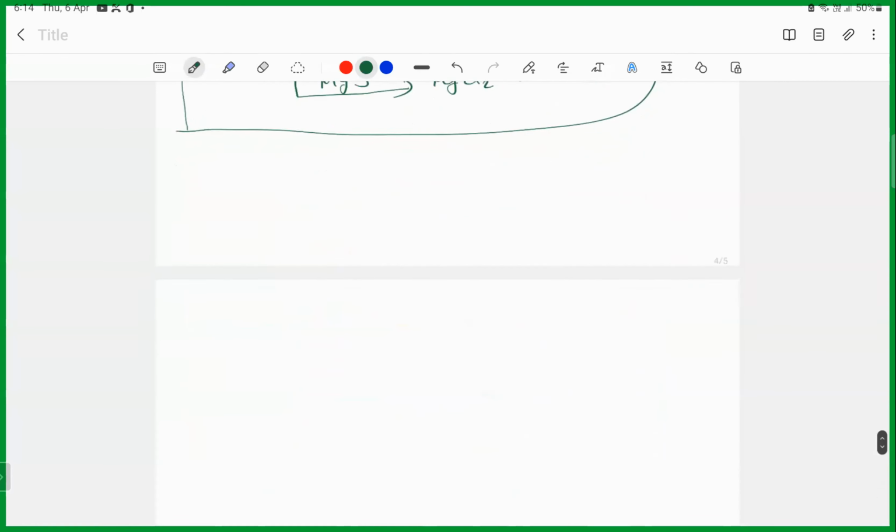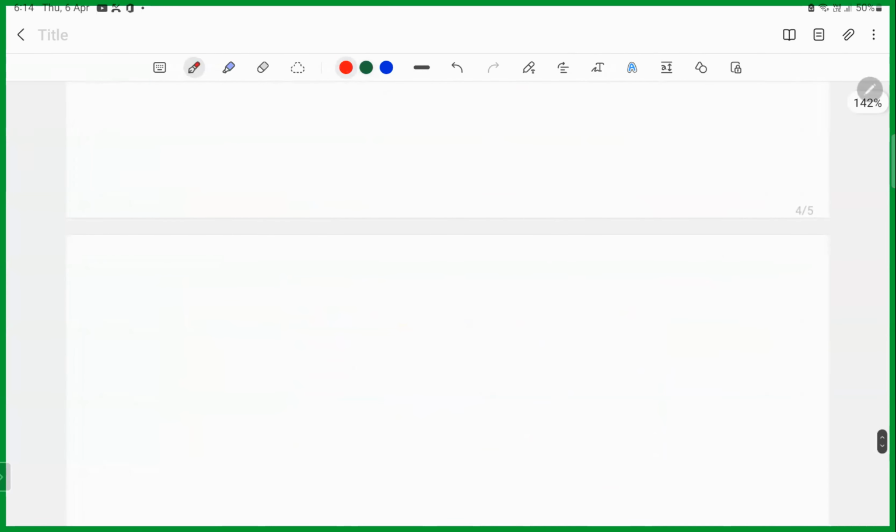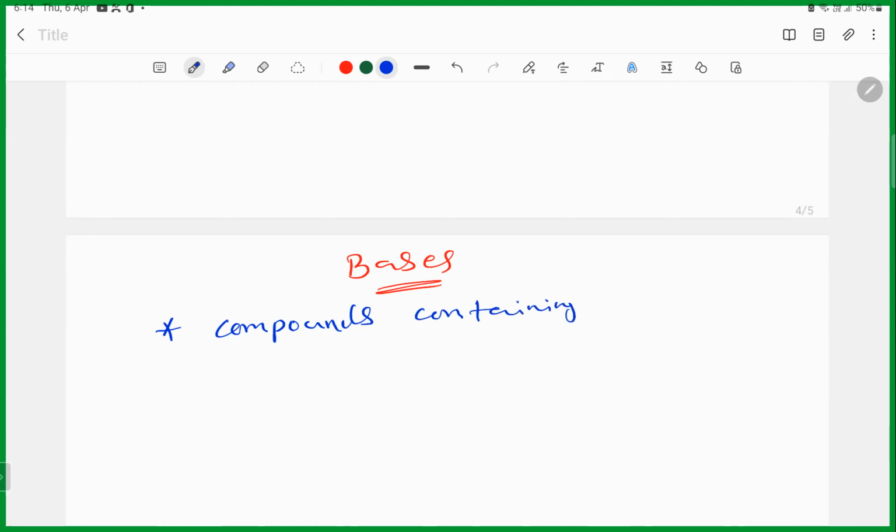Now we will go to the next category. Bases. If the compound contains OH minus ion, then it is called a base. Otherwise, if the compound reacts with water and is able to give OH minus ion as a product, then it is also called a base.